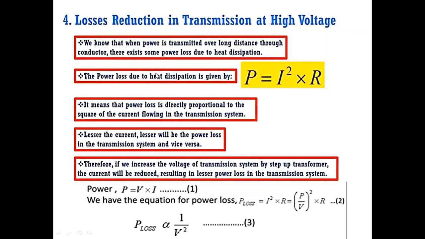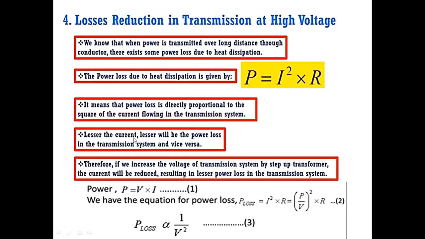Okay. So, the fourth point is losses will be reduced at high voltage transmission. The expression for the losses in the form of heat dissipation is P is equal to I square R. So, it means that power loss is directly proportional to the square of the current flowing in the transmission system.